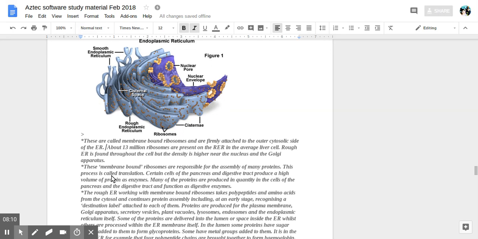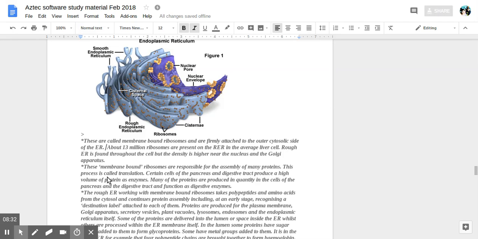The Golgi. Ribosomes, membrane-bound, are responsible for assembly of proteins. Once they are assembled in the ER, the Golgi is where it has the vesicles which transport them out of the cell.